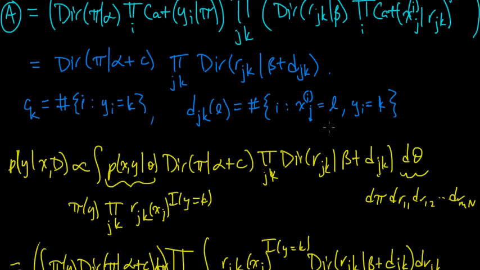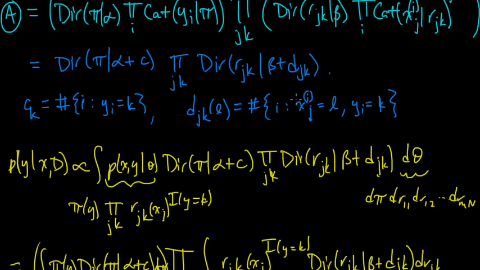As we go through and check each point, this condition is always satisfied for some l, so since we're summing over the l's, we don't need to even consider this part. So we just are counting the number of points for which y_i equals k.